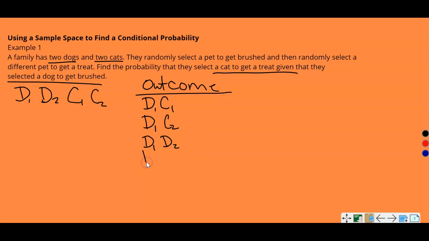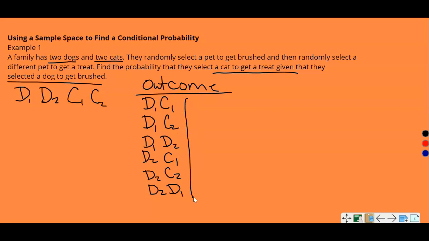All right, so then we're going to have dog 2 with cat 1, dog 2 with cat 2, and dog 2 with dog 1. All right, so that's every combination given that our 2 dogs are picked first.